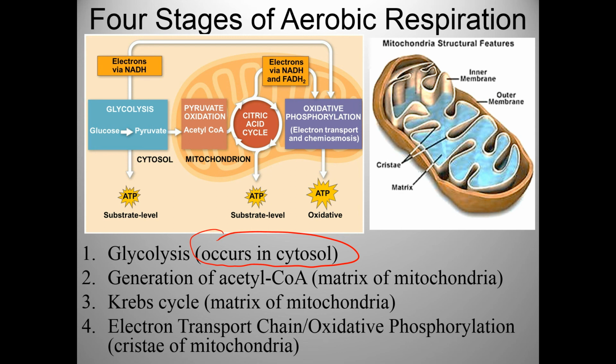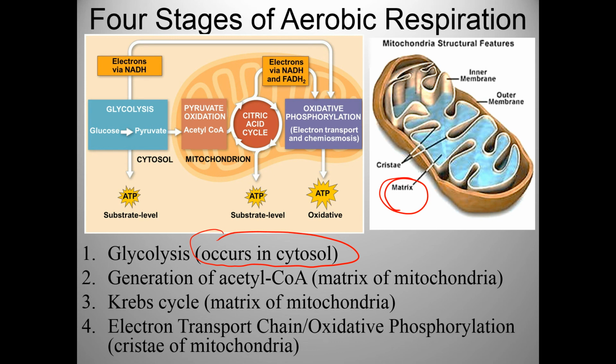The next phase, actually the next three phases or stages of respiration, all occur somewhere in the mitochondria. The next step would be the pyruvate oxidation, where you convert pyruvate to acetyl-CoA. This will take place in the fluid-filled compartment of the mitochondria that we refer to as the matrix.